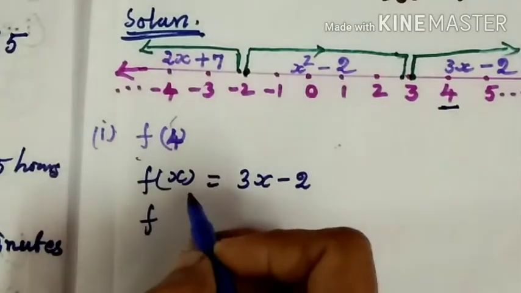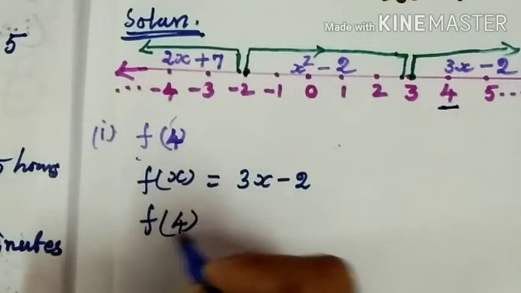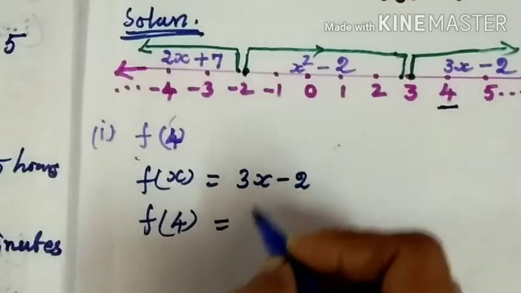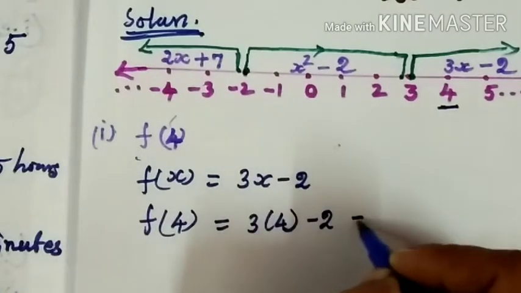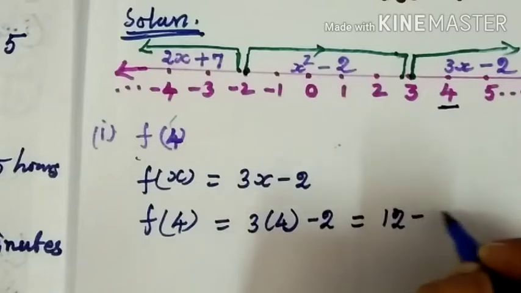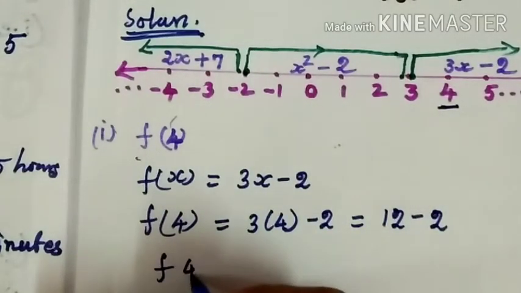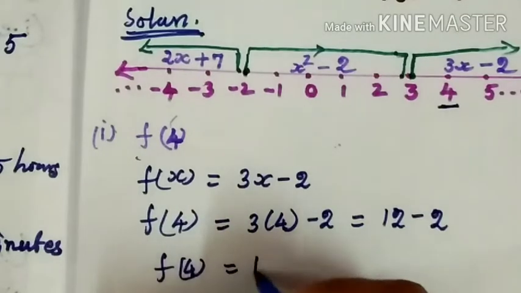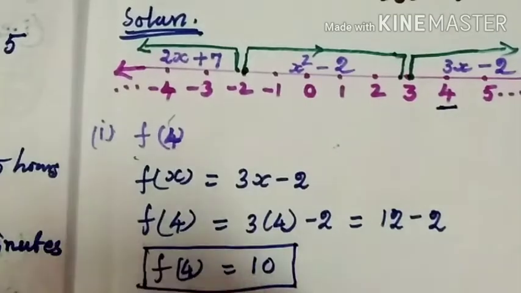Now replacing x with 4, we get 3 into 4 minus 2, that is 12 minus 2. We get f of 4 equal to 10. The value of f of 4 is 10.